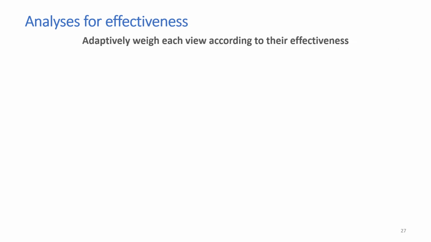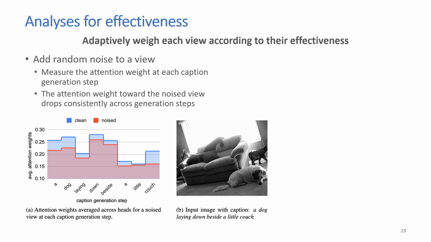We also conduct analysis to show that our method is capable of adaptively weighing each view according to their effectiveness. In the first control study, we add random noise to a view and measure the attention weights at each caption generation step. As shown in the figure below, the attention weights toward the noise view drop consistently across all caption generation steps.